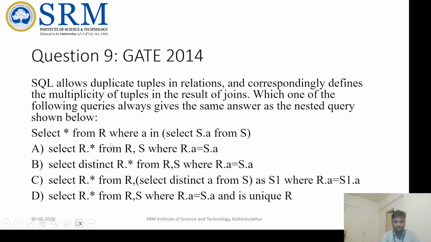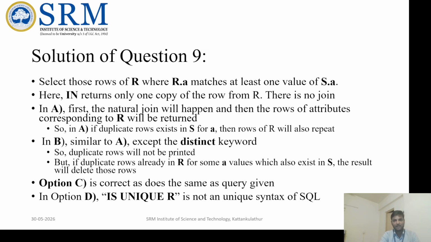So here, very important thing is that suppose the relation S has duplicate attribute values of A. That is, in two rows of S relation, the A value is same. Now we are making a natural join.